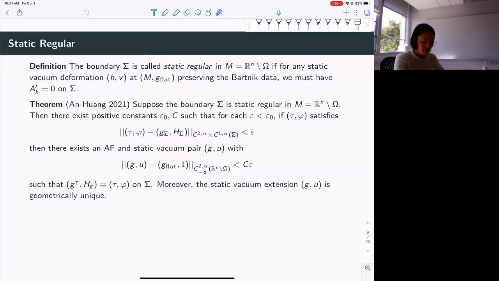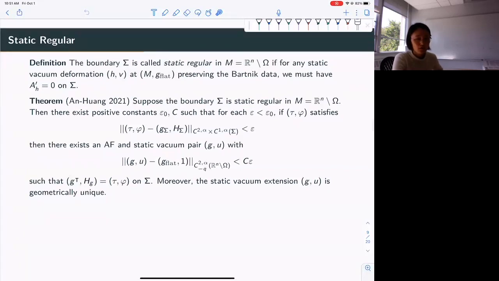Okay, I will explain this in more detail to you later. Let's first take a look at the result we have. With this definition, we show that if the boundary is static regular, then we have local existence and uniqueness for the boundary value problem.